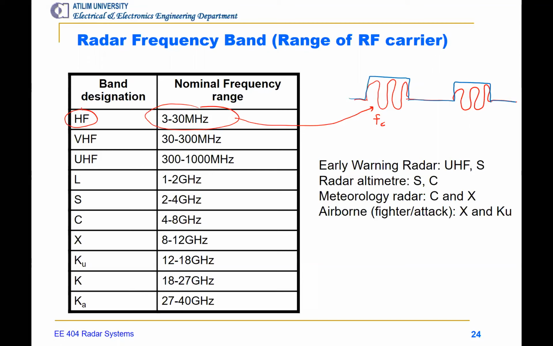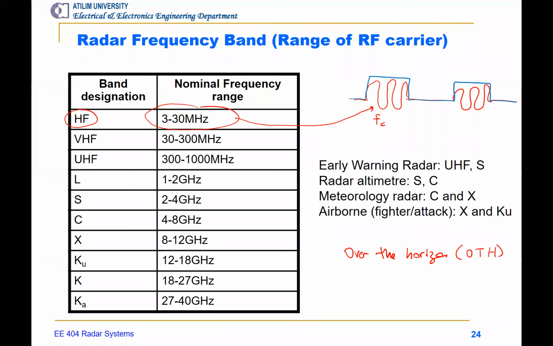For HF, that's 3 to 30 megahertz, which is the lowest band that we use, and usually some radar systems called over-the-horizon, OTH, use HF bands.